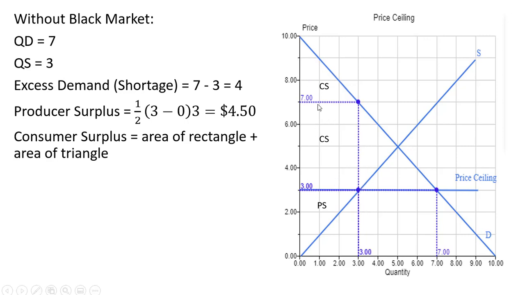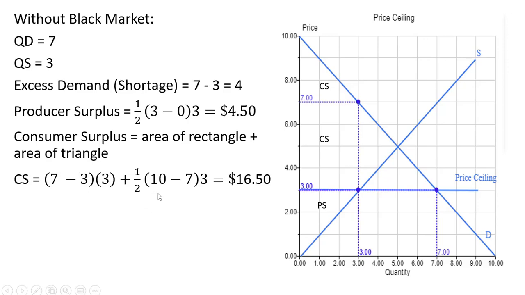And the easiest way to do that is to break it up into 2 parts, a triangle and a rectangle. The area of a rectangle is width times length. And here we have a width of 7 minus 3 and a length of just 3 units. So that's part of consumer surplus. That's going to be $12 right there.